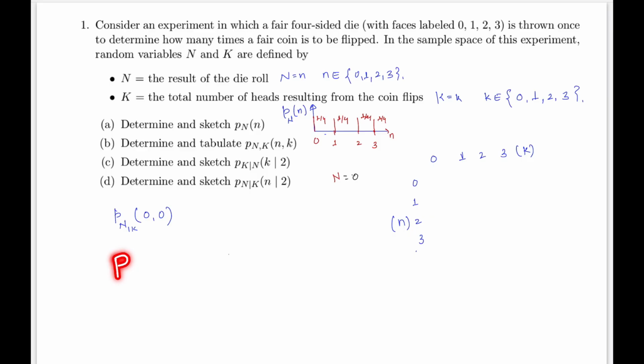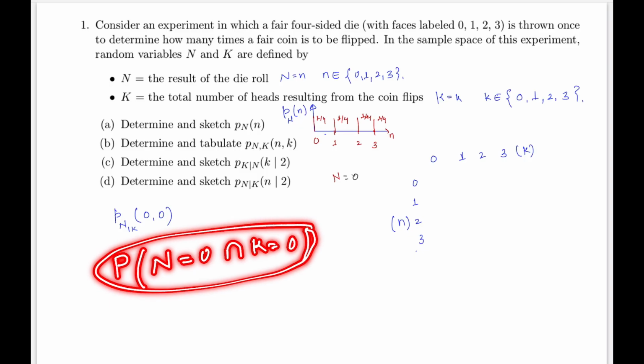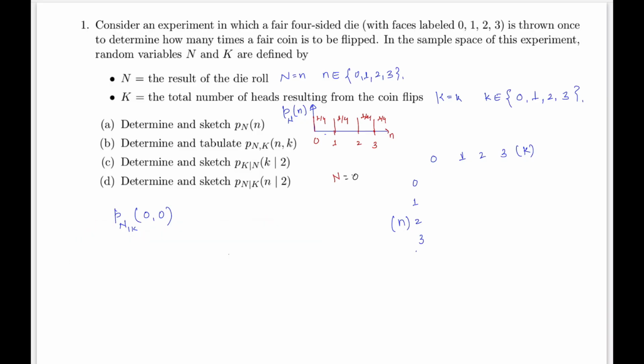So we are talking about the probability of the event that random variable n takes the value 0, and at the same time k takes the value 0. So either you can write like this or in terms of the PMF notation. I will be using PMF notation.